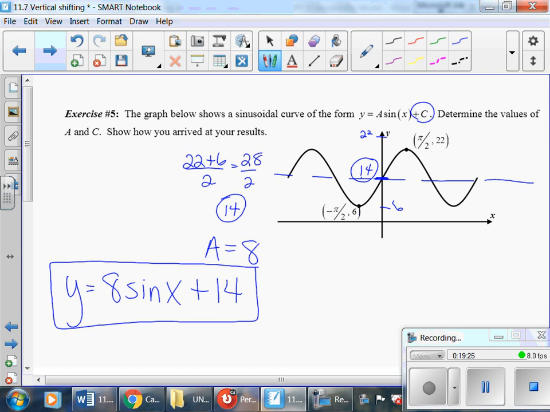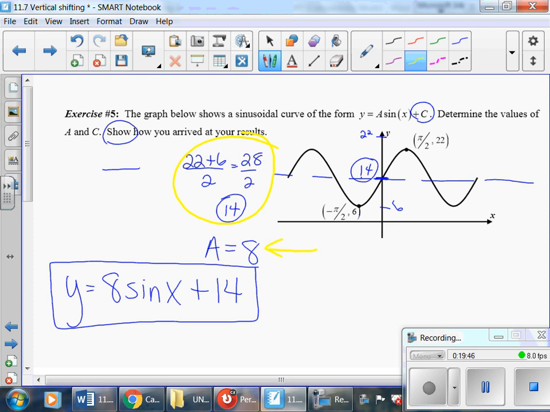All right, this says determine, show how you arrived at your results. See the word show? Show means that sometimes it's not all about explaining and using words, but showing. So if you showed this work that's right here, how you got 14, you might have to be a little bit more specific on how you found 8.